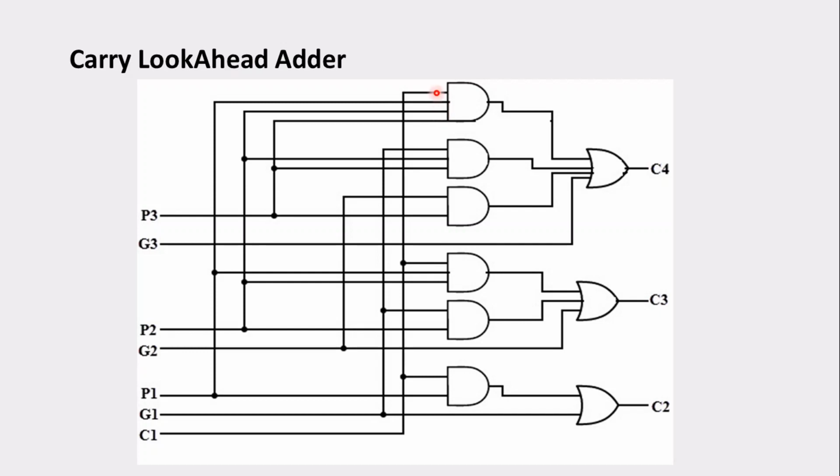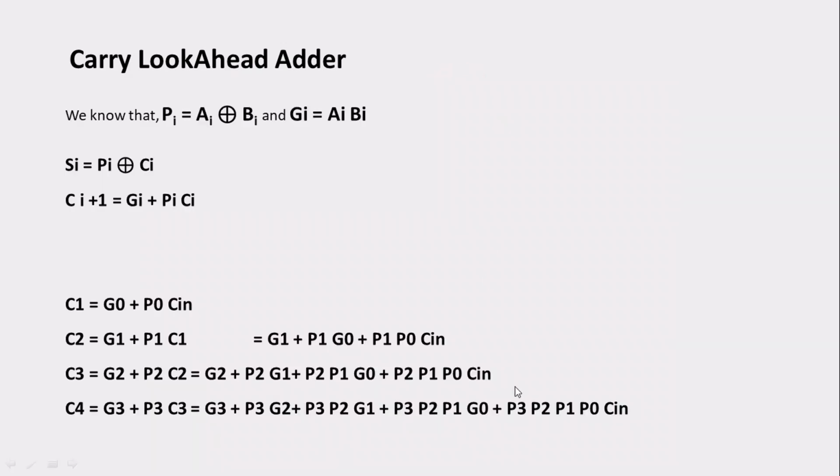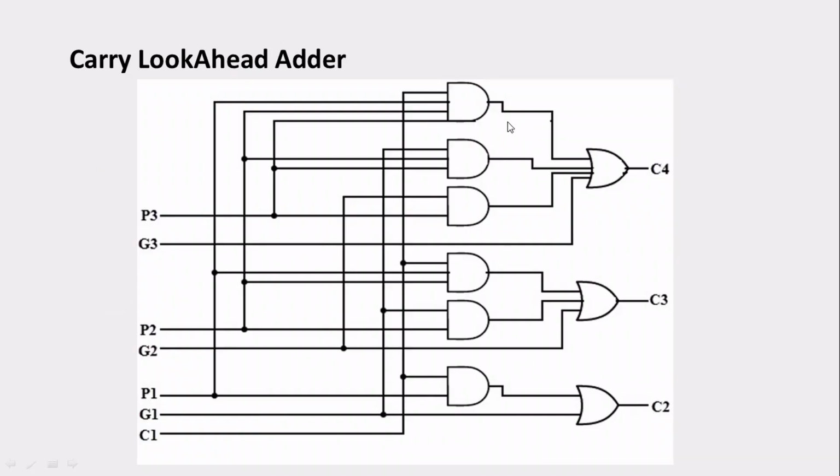P3 P2 P1 P0 is given to one OR cell, and then P2 P1 P0 into C2, and then P2 P1 into C1. If you look at the previous example, each of these is nothing but an AND gate, and all these are given to an OR gate. The same thing is happening over here.